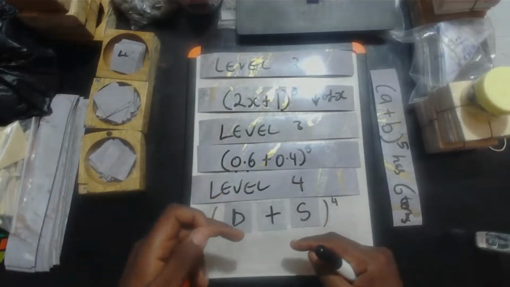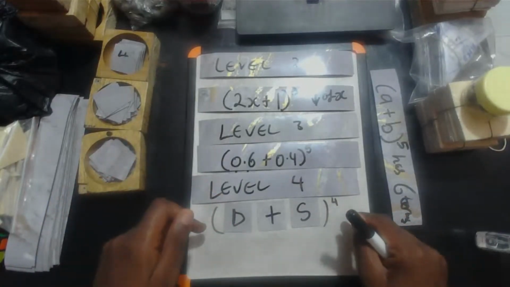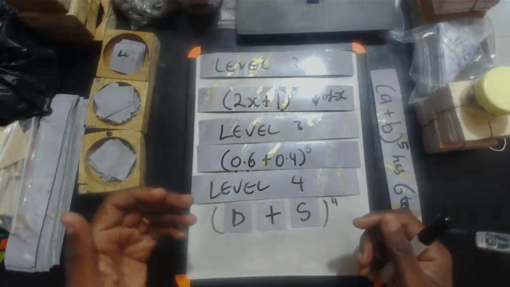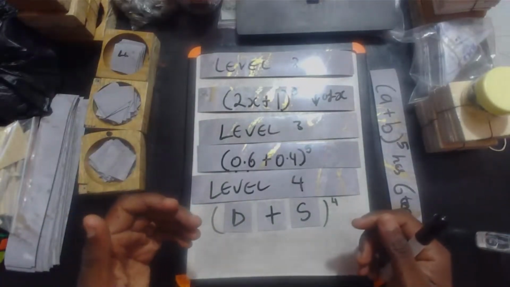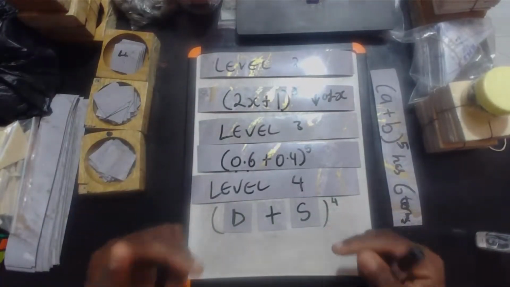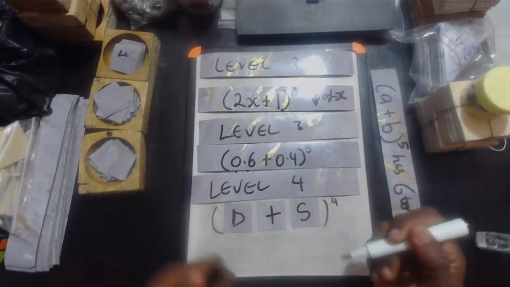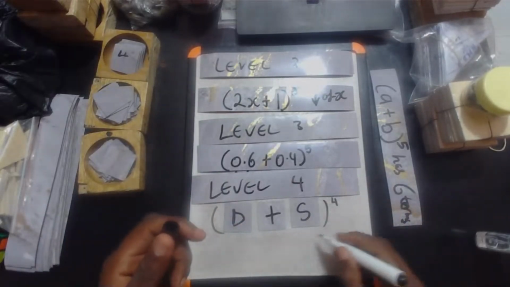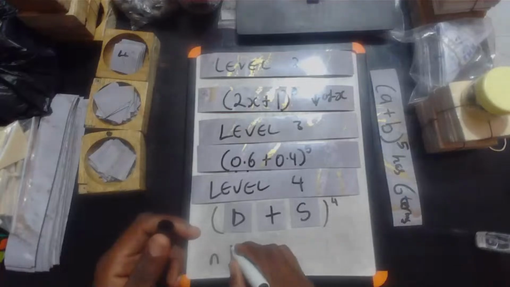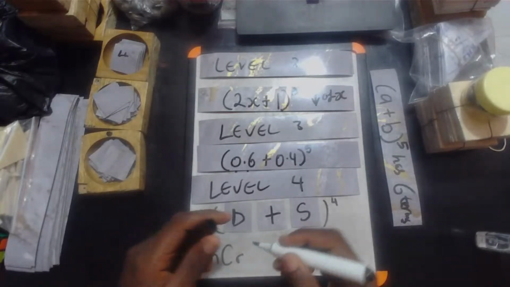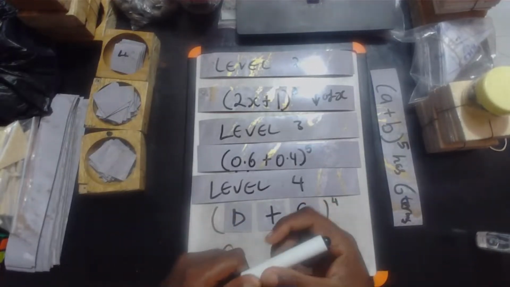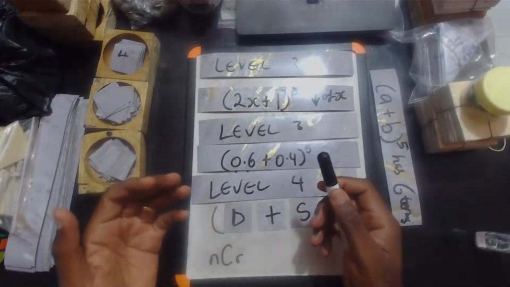Now expand (d + s) to the power 4 using Pascal's method, and then do the same using the combination approach, which is the nCr formula.